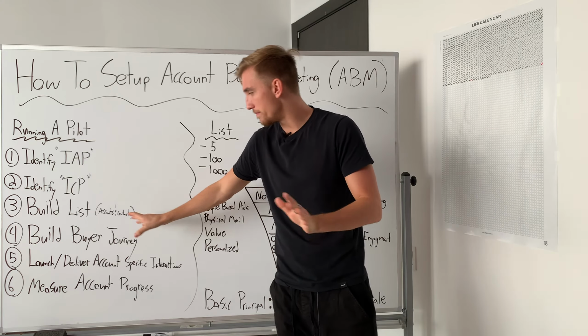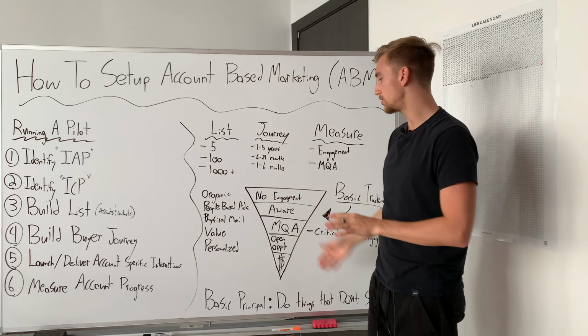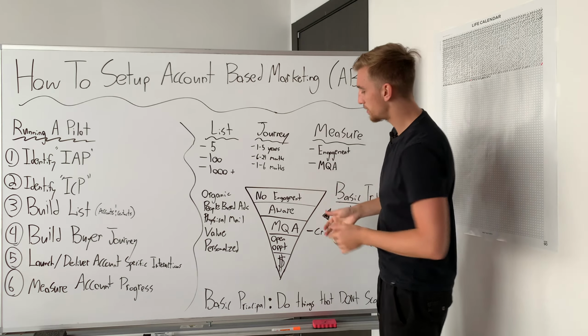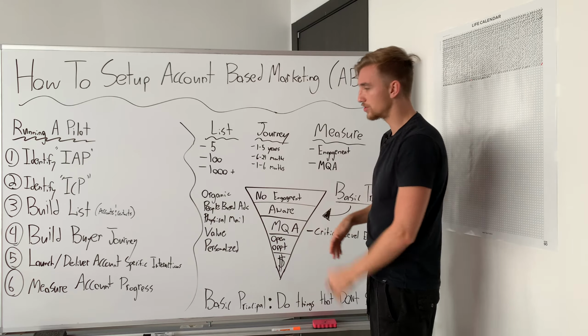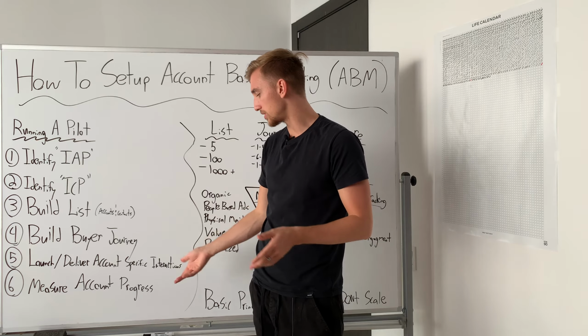After you've got the buyer journey built and you have an idea on how you're going to contact and go after these companies to take them from no engagement to aware and engaged, then what you want to do is, of course, launch and deliver account-specific interactions.